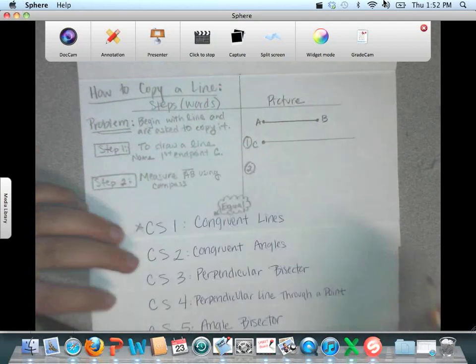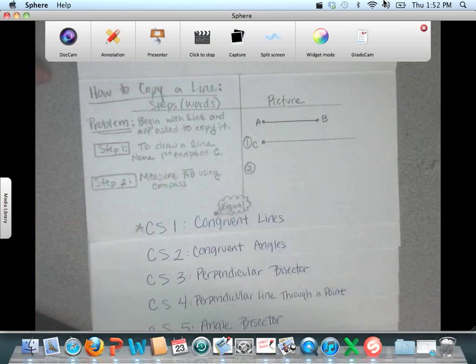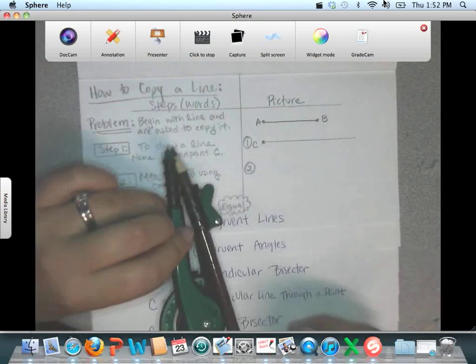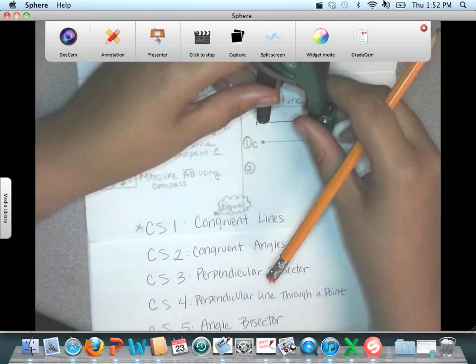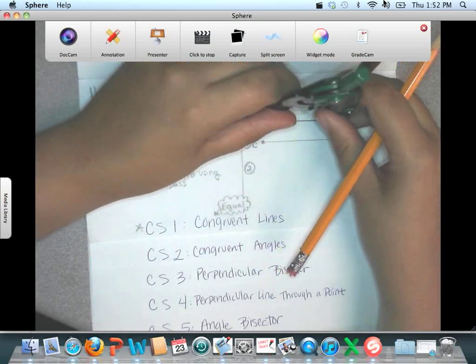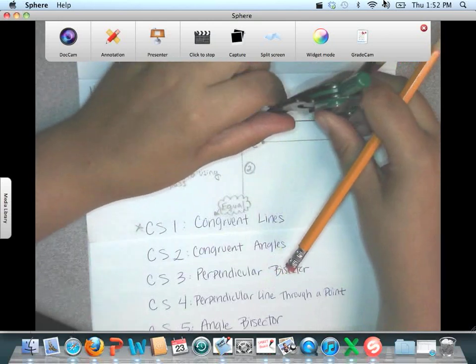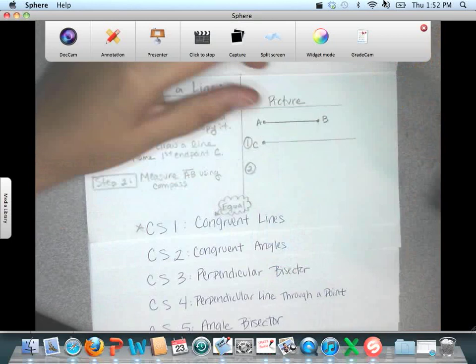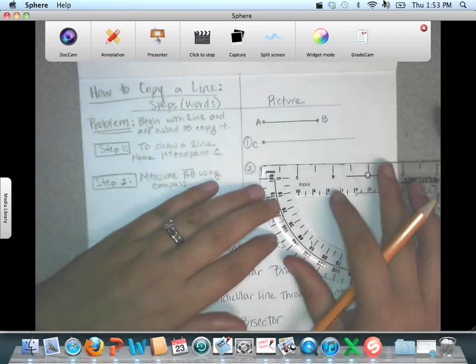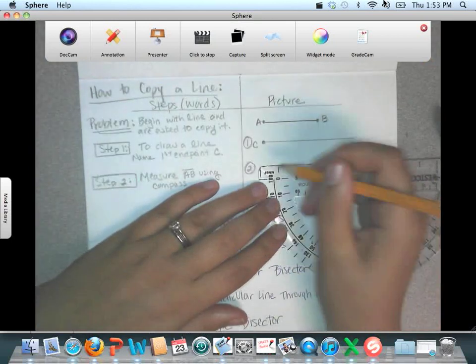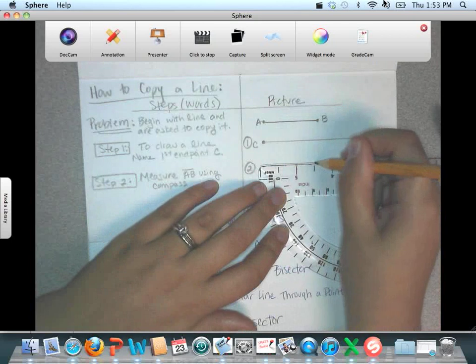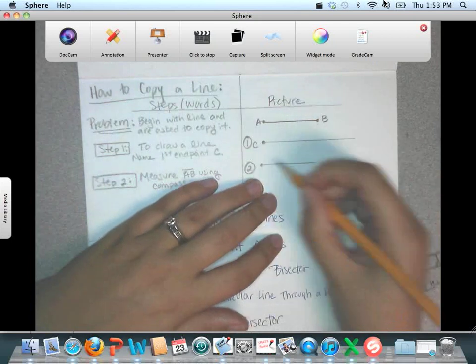What that means is you're taking your compass and you're putting the pointy part on A and the pencil on B, just like so. And I usually mark it with a little thing. So I'm going to redraw AB, so I know what to do.